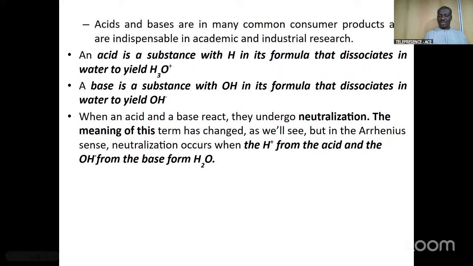You will understand this concept much better as we proceed in the course of this study. According to Arrhenius' definition, neutralization will occur when hydrogen from an acid and OH from a base form H2O. That is Arrhenius' definition of neutralization. But with time you find out that it is not every acid-base reaction that we can call neutralization.